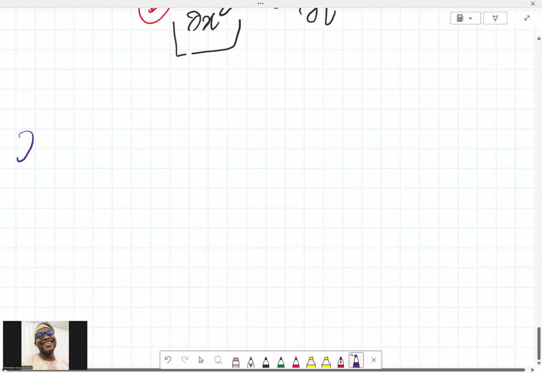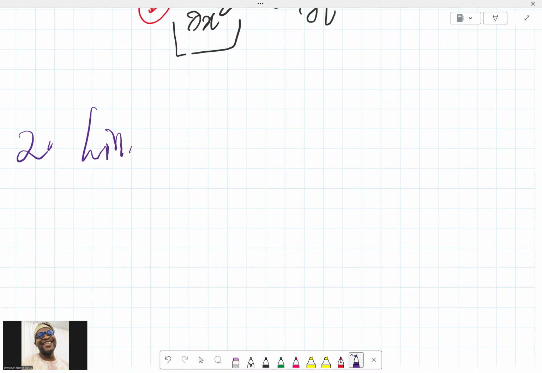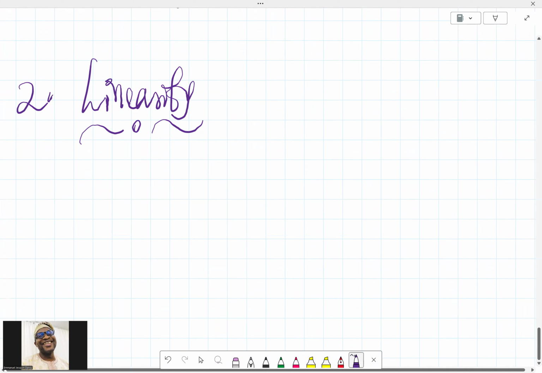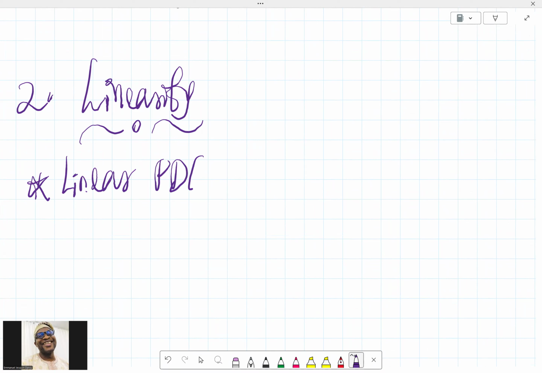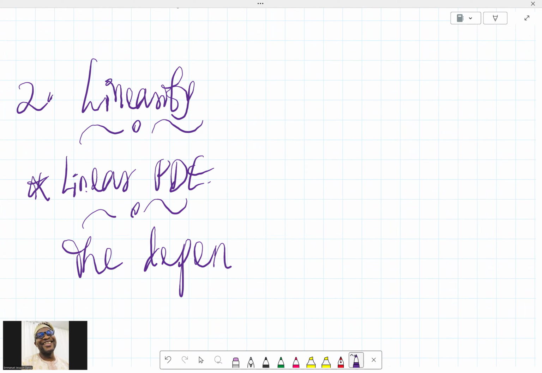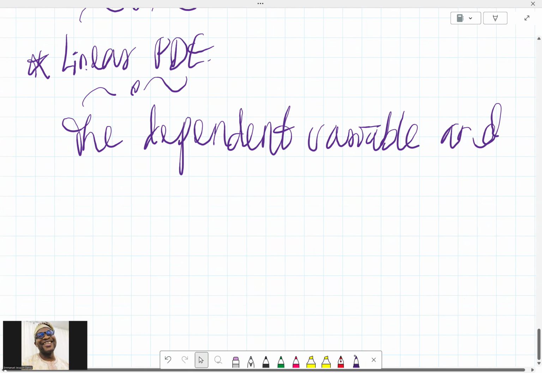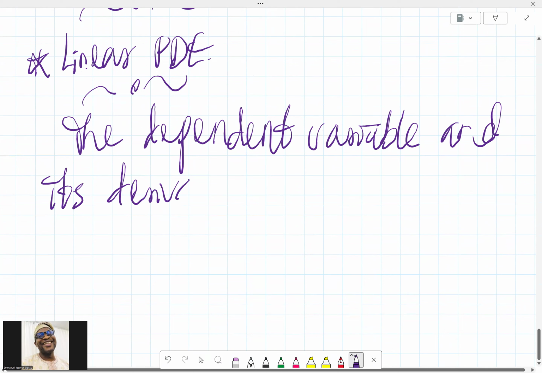Number 2, how do we classify partial differential equations? We can classify it based on whether it is linear or not, and that is talking about linearity. So for instance, we have linear PDE, okay? In this case, the dependent variable and its derivatives appear linearly.